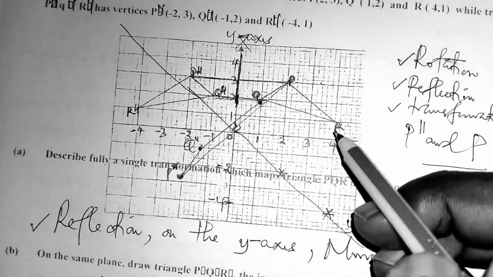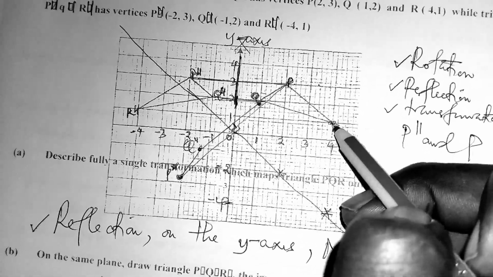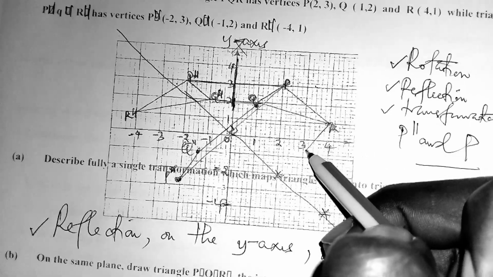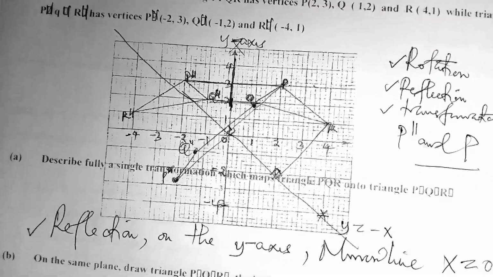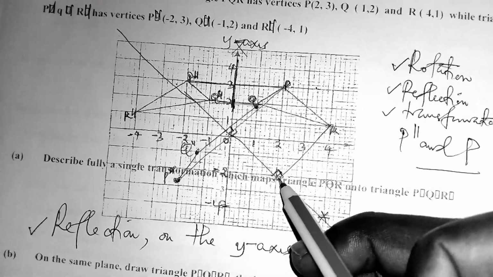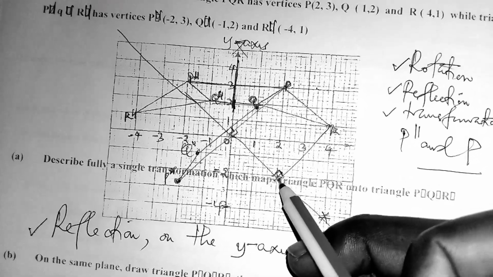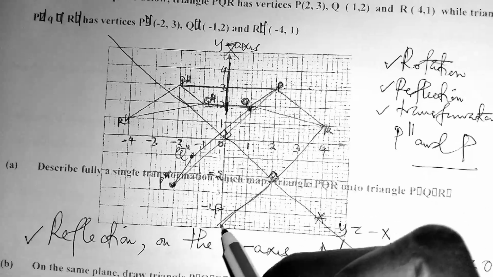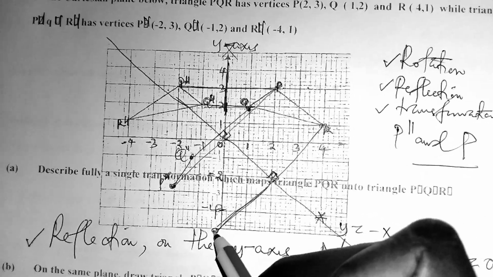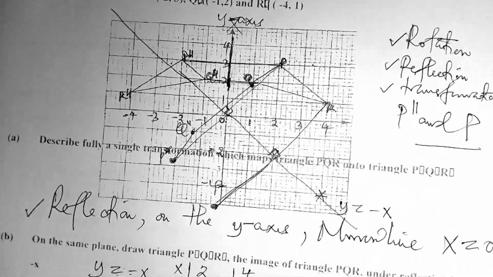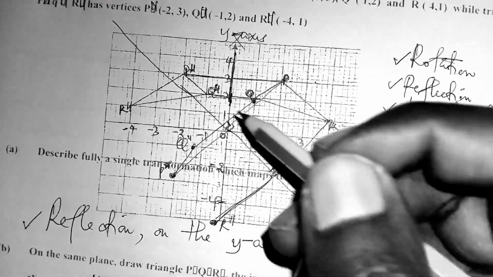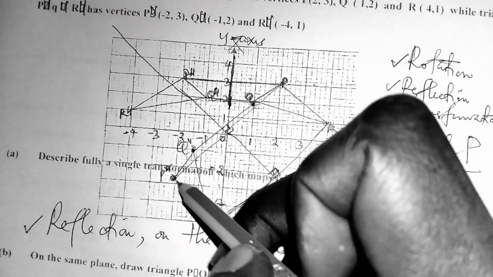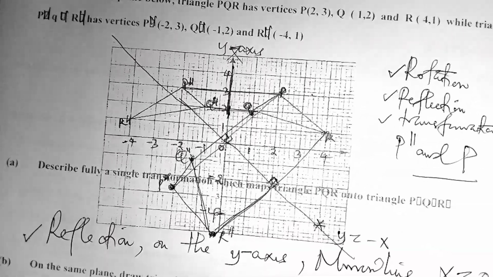Again, you have to do the same for R. From R to the mirror line, you connect using a straight line, and it should meet the mirror line at 90 degrees. You can use the set square. Then on the other side, you do the same using a straight line. I'm just drawing sketches to guide you. After finishing, you connect and find your image.